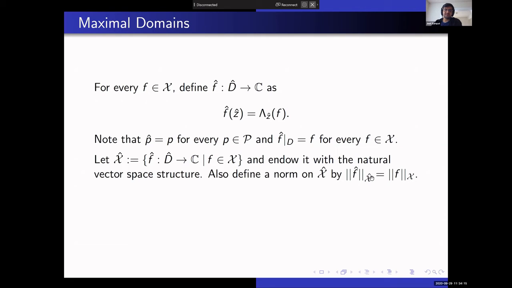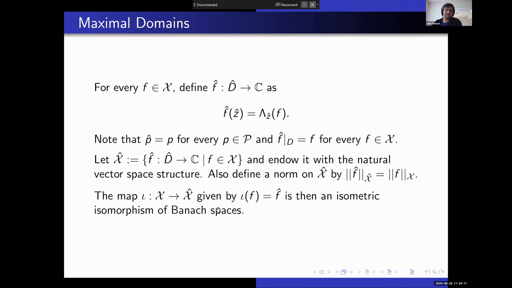So convergent sequences in both spaces are the same. And then I can prove that this map that identifies X with X hat is an isometric isomorphism of Banach spaces. And we only need to show that the space X hat now satisfies the nice reasonable properties we want. And then from then on, we'll move to this sort of better space, better in quotes.